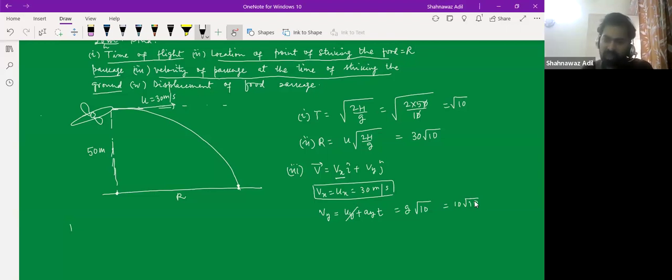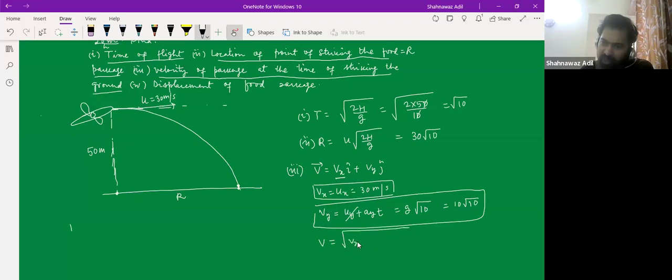So we have Vy, we have Vx, then we can calculate the magnitude of V. That would be root of Vx square plus Vy square. Vx square is 30 square, and Vy square is 10 root 10 square.